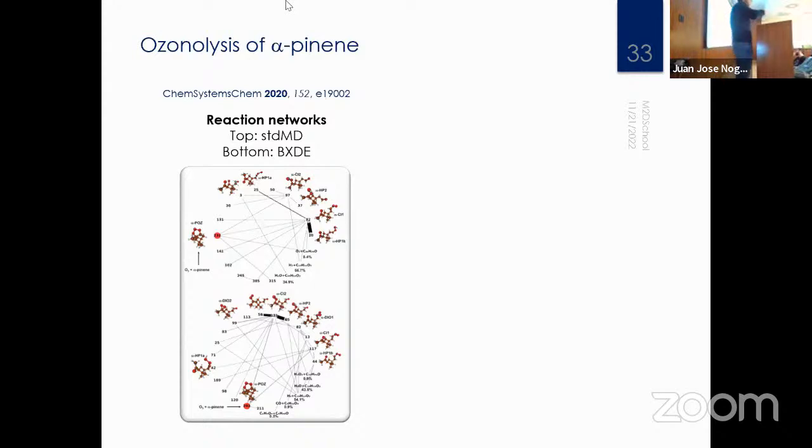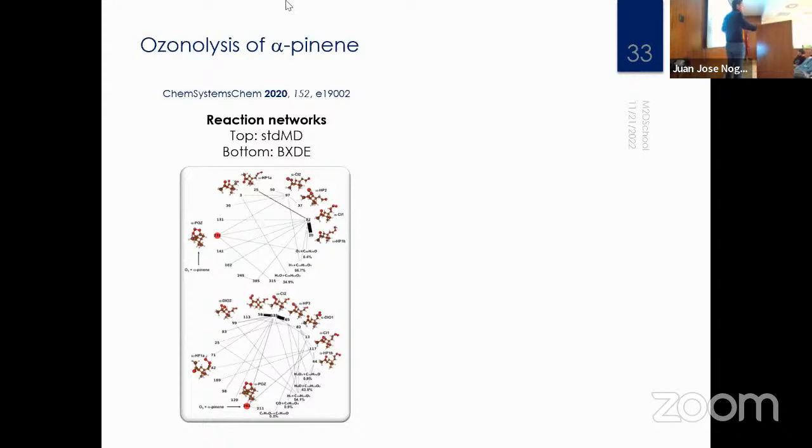So there is standard MD, where you just put a lot of energy, and with boxed MD, you use different boxes of energy, and you sample one box and see what happens there. And then you go to the next one, and so on. This graph here shows the network with the standard MD results, and this graph here shows the network with the DXD results.